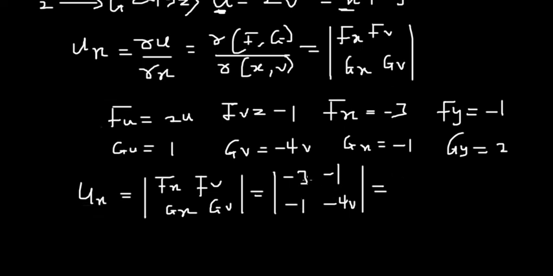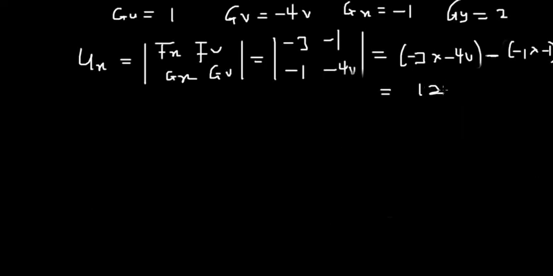So we have -3 times -4v, and then you subtract from that -1 times -1. So from here we have 12v, and then you have -1 times -1, that's +1. So this will be our answer for this question.